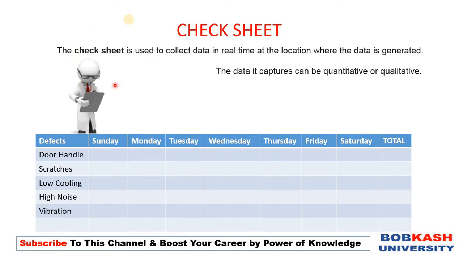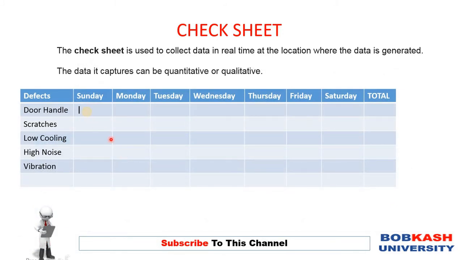These are the defects found in the production line of the refrigerator. So how will he do the check sheet? Let's say he starts recording from Sunday to Saturday, all 7 days. He stands on the line, as we have already said, this is real-time data collection. He stands on the line on Sunday and he notes that there is one defect found in the door handle. So when he finds one door handle defect, he will put a line under the Sunday like this. Then he's still standing on the line and he finds another door handle.